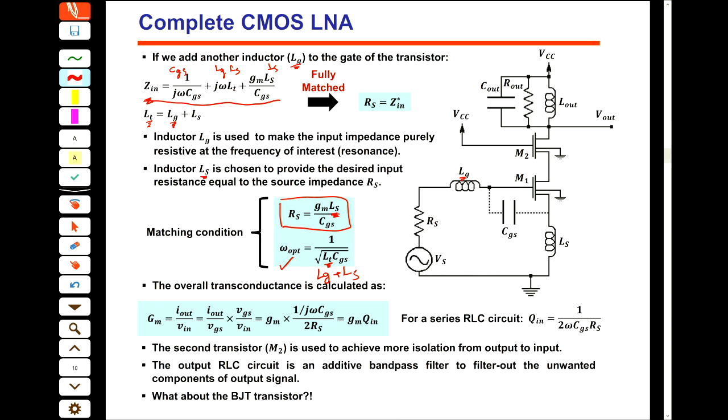Okay? So I did the matching, and also I reduced the gain dependency on the GM with just adding one L in the source of the transistor. We call this L a degeneration or degenerative impedance or inductance.